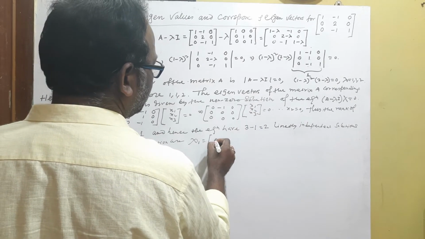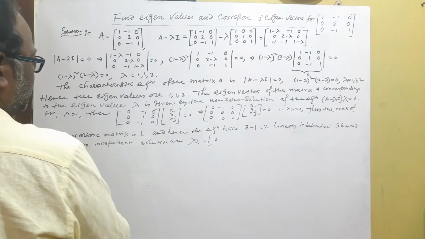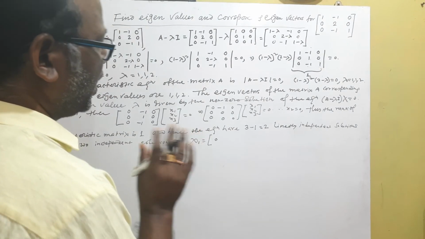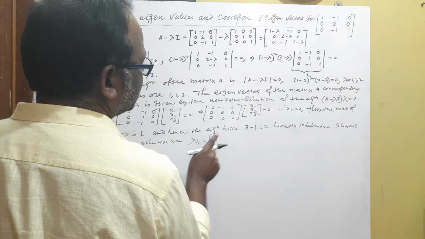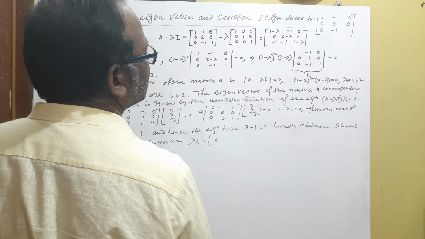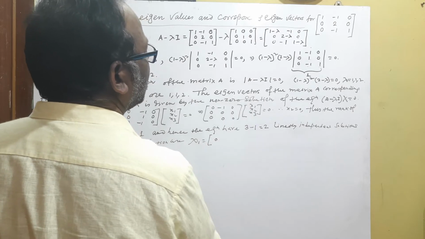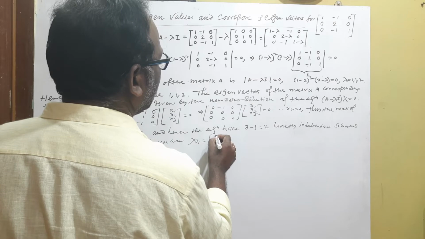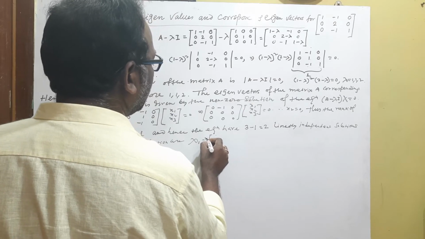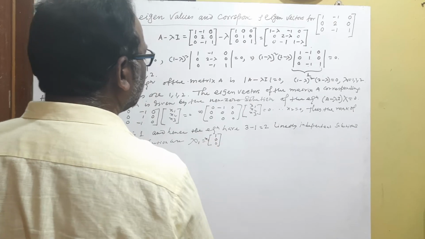So see, x2 here is 0. So the vector is some scalar multiple of the other vector. So I take x3 as 0. Then we get x1. So this is the x1 multiple of that.